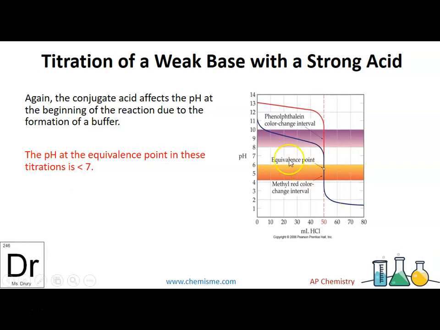So that's why you're having this resisting of pH change. We colored it in purple to say that's where the buffer system would be. And its equivalence point's lower than 7, see? So you need to have a different indicator. It's still using an indicator, but a different indicator that indicates your new equivalence point that's lower than 7. So again, it starts lower with the weak base and has a slight bump.